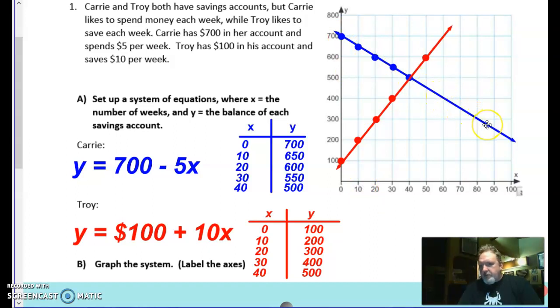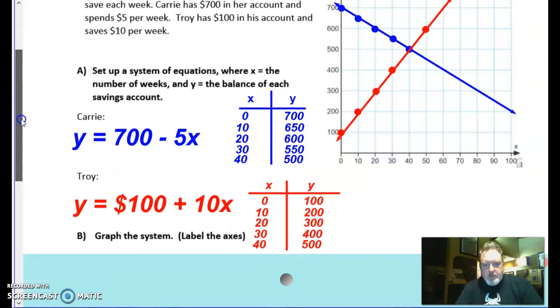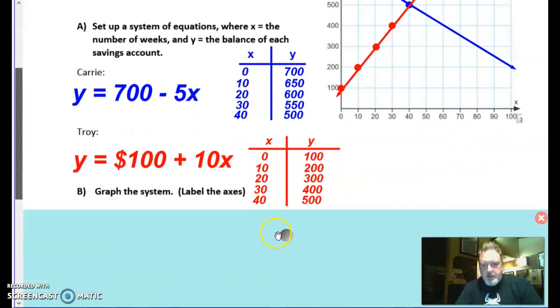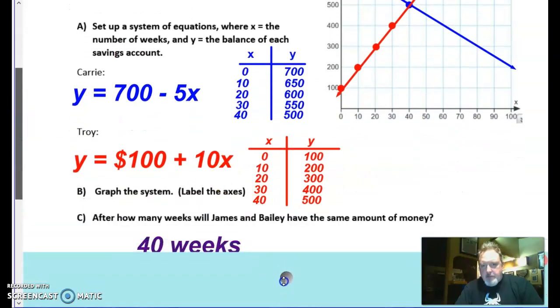I didn't keep putting those points, but the amount's going to keep dropping each week. By flip side, Troy started at 100, and he went up 100 every 10 weeks. Every 10 weeks we go up $100, and we can see our intersection point right there at (40, 500).